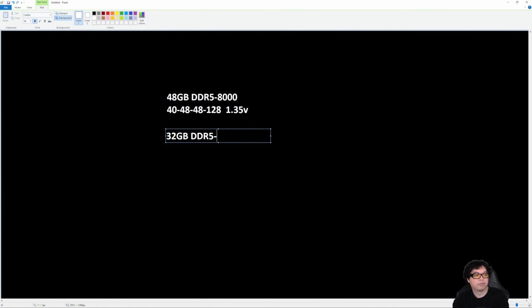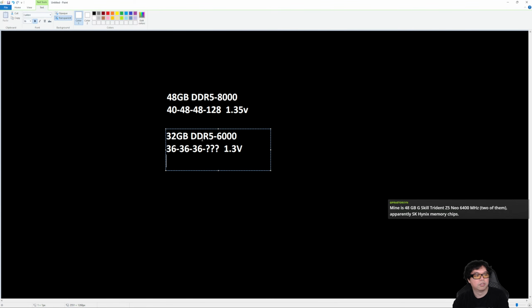DDR5 6000, and it is 36, 36, 36, and I don't remember what the last number is, but it's kind of irrelevant. The voltage was 1.3 volts.